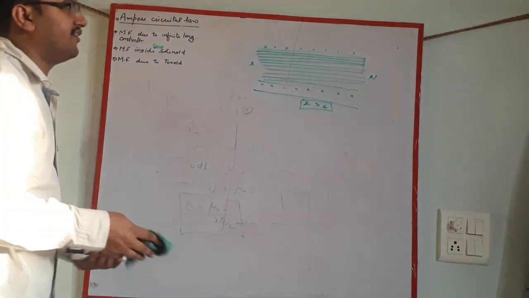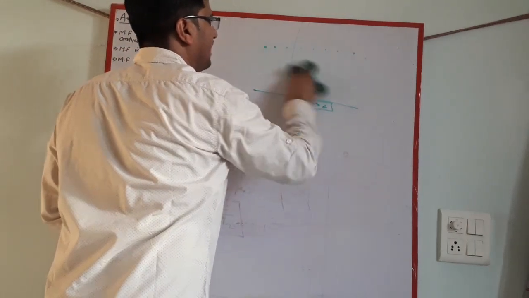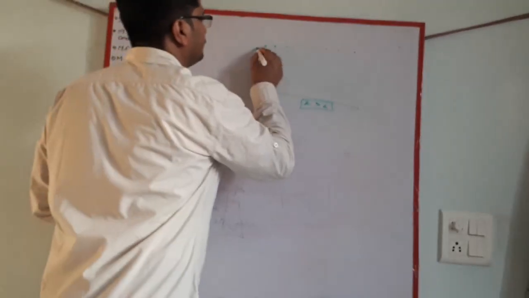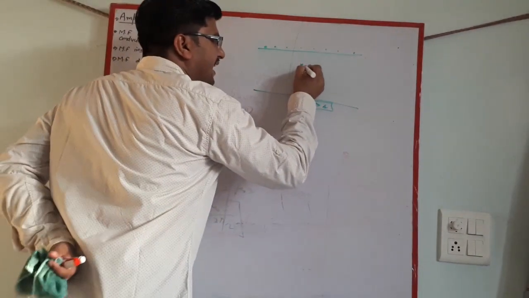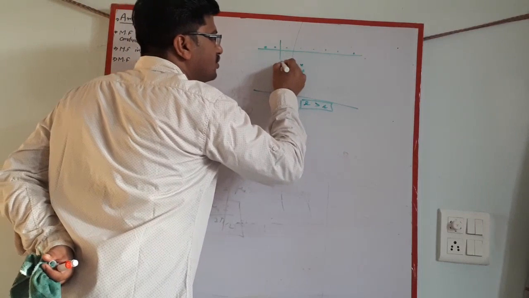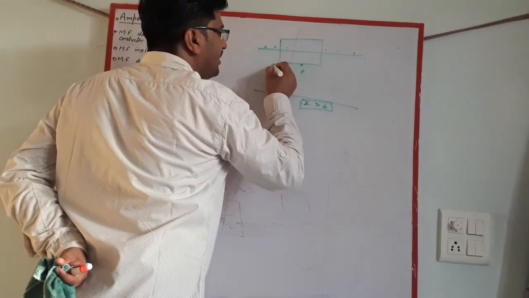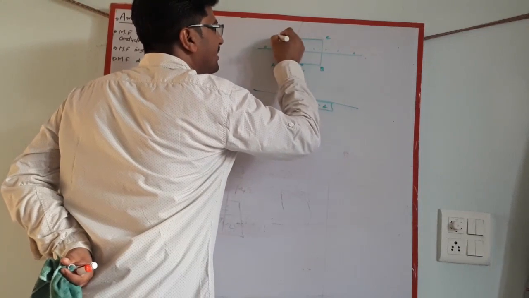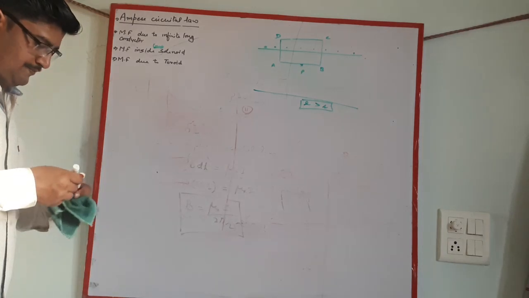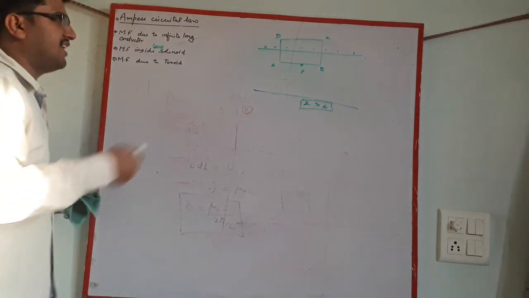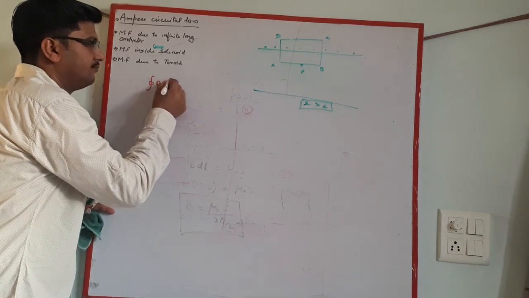To find the magnetic field due to a solenoid, let us assume a solenoid having n turns. To find the magnetic field at any point P, let us assume a closed loop ABCD passing through the point P. So what is the line integral of the magnetic field, B dot dl?